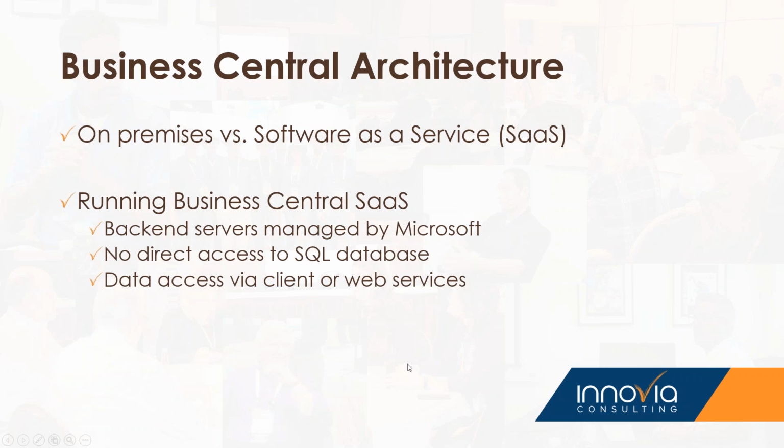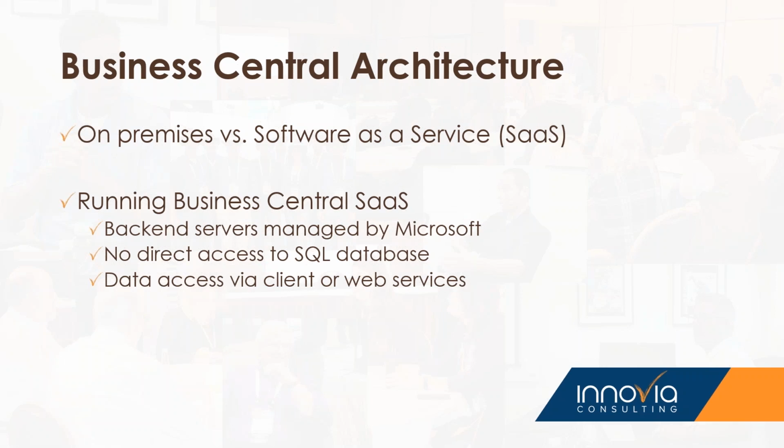So what does that really mean? Much like your Office 365, where you just work with the application and you don't have to worry about the backend Exchange servers and everything else that goes along with it, the same is now with Business Central SaaS. So Microsoft manages the backend servers.